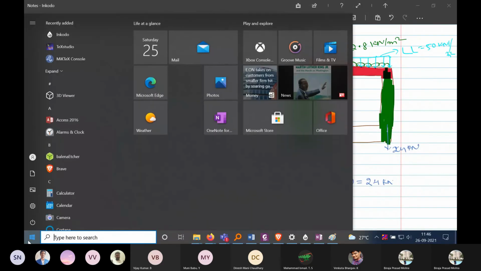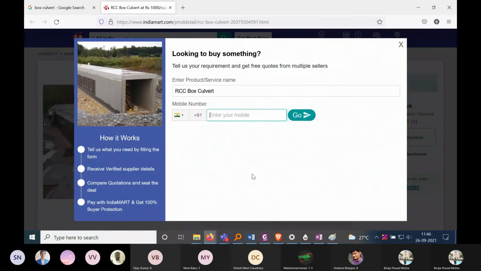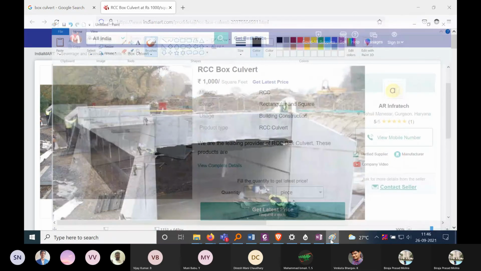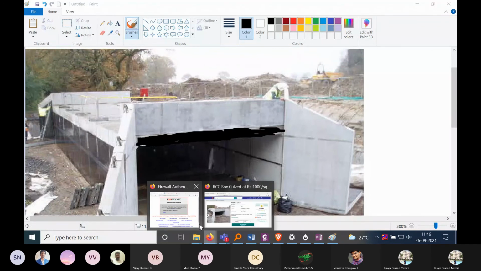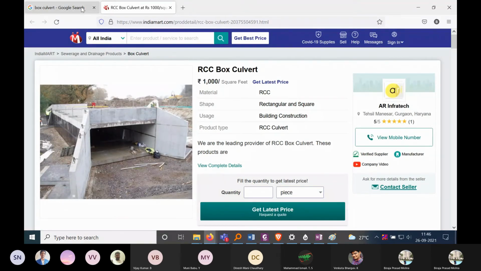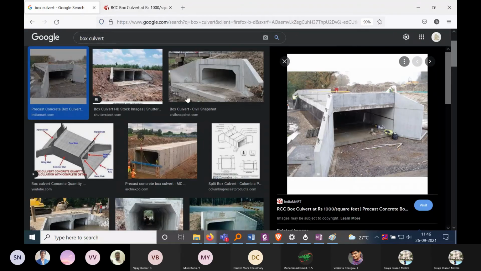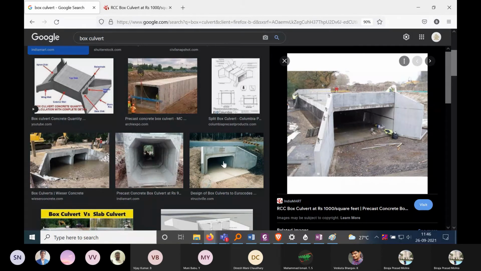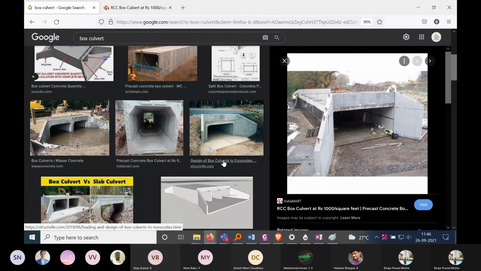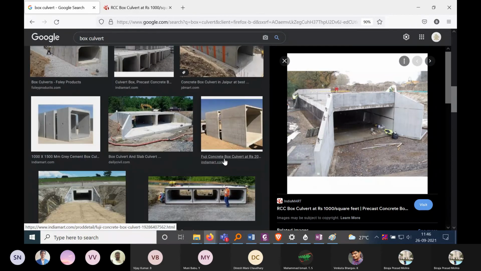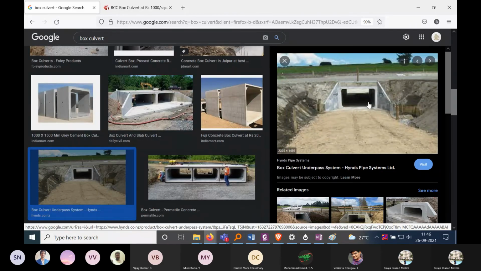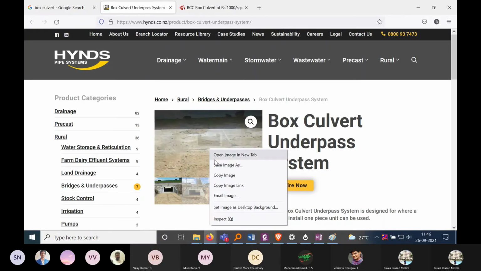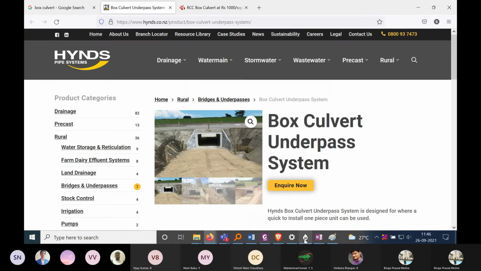No, this diagram is not good. Let us open which diagram will be better. Okay, this one. Copy image.